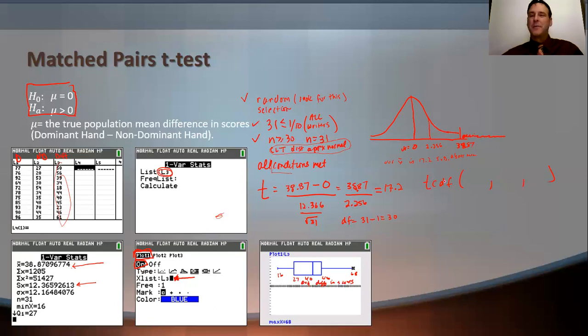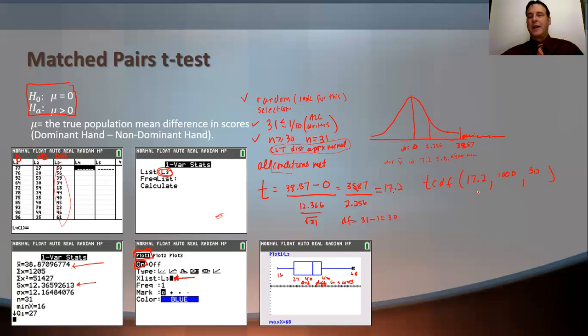Now remember for tcdf, while this is a good drawing for my sample mean average and the population mean average, which is supposed to be 0, we're standardizing this to t, where we're still going to have a 0 here, but I'm going to use my t representation, which is 17.2. I'm going to put in my upper bound, which is 1,000, and my degrees of freedom is 30.